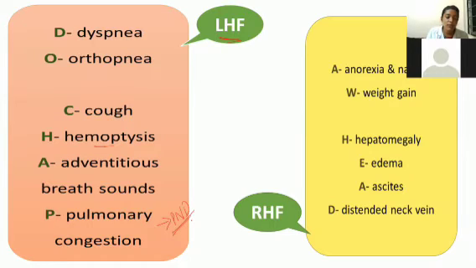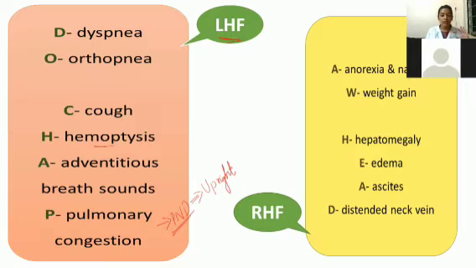What is this condition? Paroxysmal nocturnal dyspnea. The patient won't get adequate sleep. They will wake up after 1 or 2 hours of sleep because of the breathing difficulty or dyspnea, and this dyspnea is relieved by upright position.